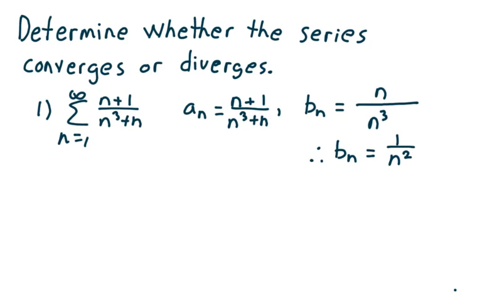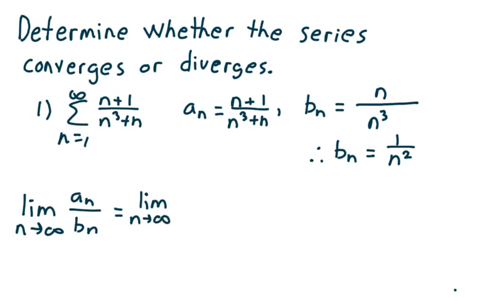Now, this is where we go next. I'm going to look at the limit as n goes to infinity of a sub n divided by b sub n. But that's the limit as n goes to infinity of, the numerator will be (n plus 1) over (n to the third plus n).